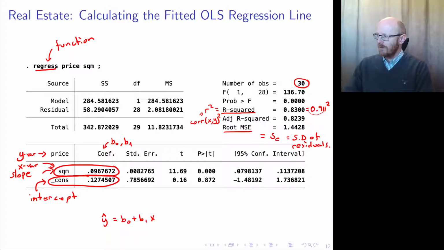So here you can see that the standard deviation of the error is 1.44 million kroners. Okay, we'll get into that later.